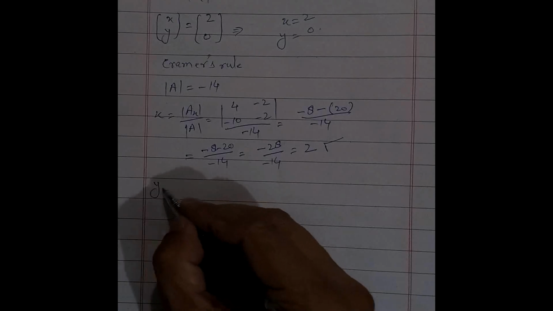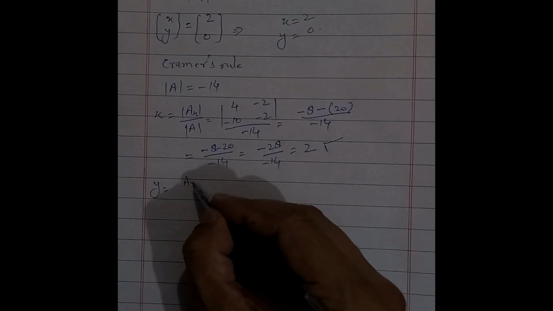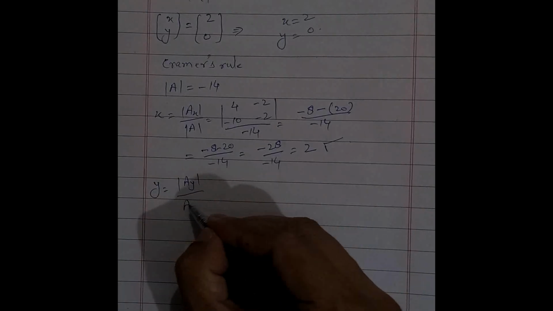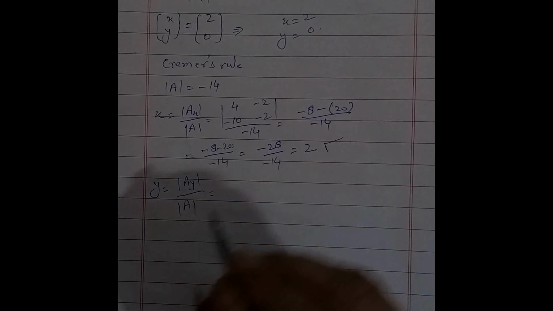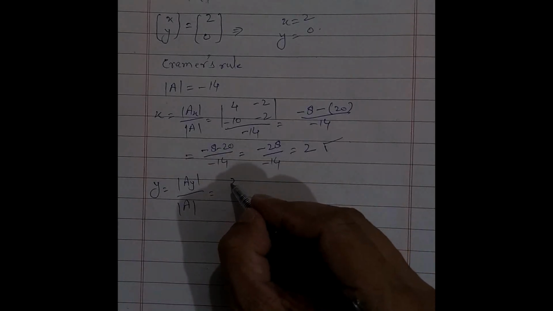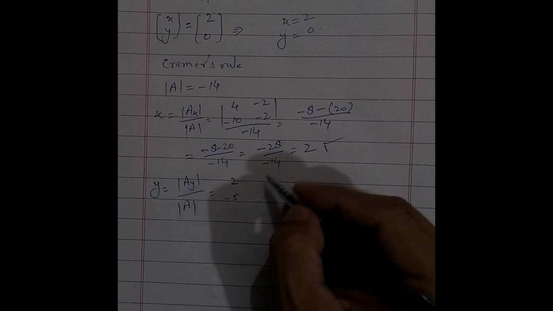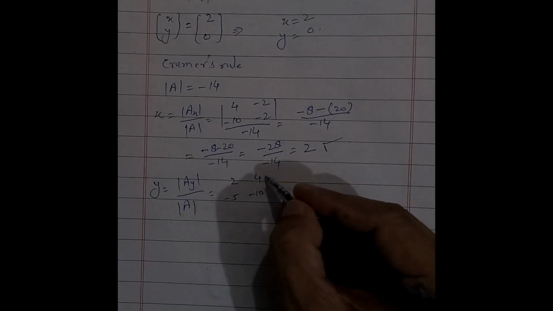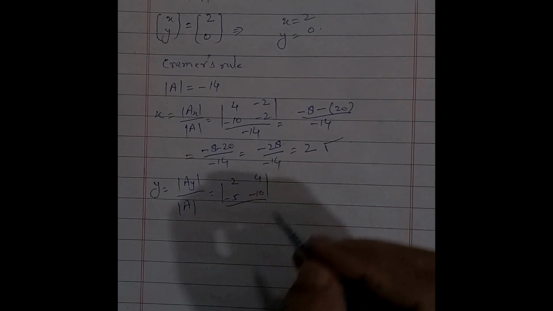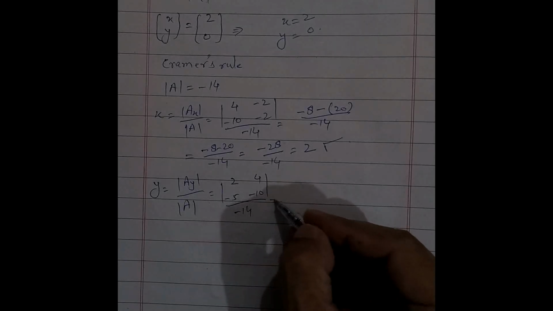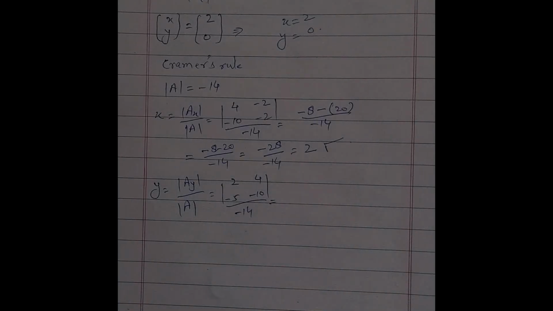And the answer of y is equal to the Ay determinant over the A determinant. The Ay determinant is 2, minus 5, 4 and minus 10 over the A determinant, which is equal to minus 40. Now simplify these values.